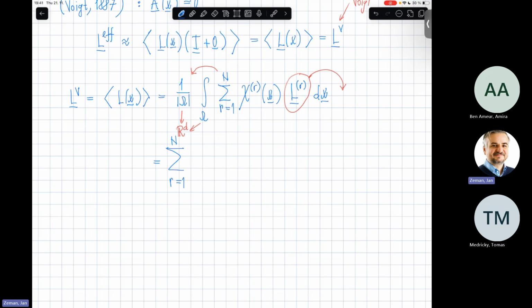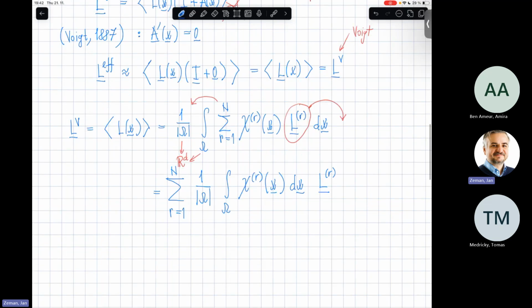And now I will have 1 over the volume of omega, where again this omega keeps increasing, integral over omega. With respect to the same observation window, this will be chi_r as a function of x, dx, because this characteristic function is the only thing which depends on x, and this is now post-multiplied by L_r, by this matrix in there.